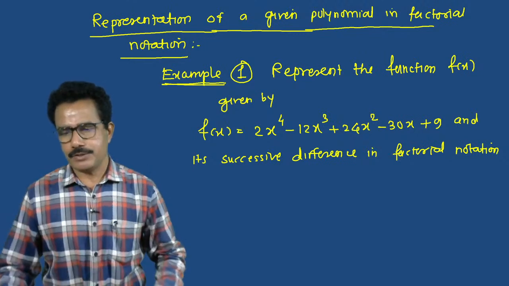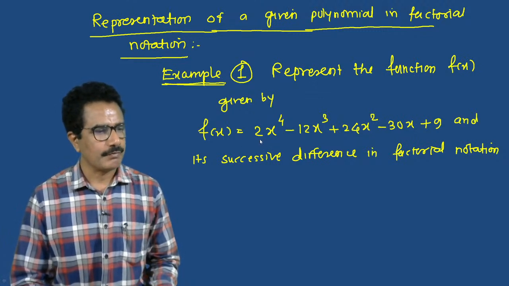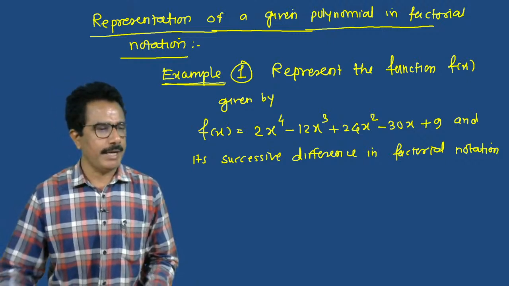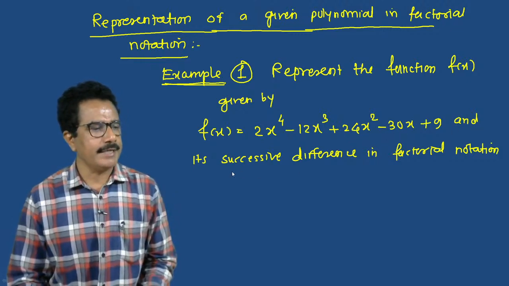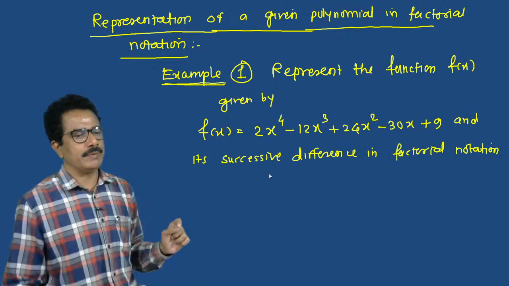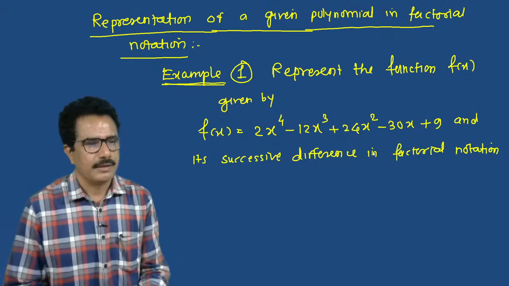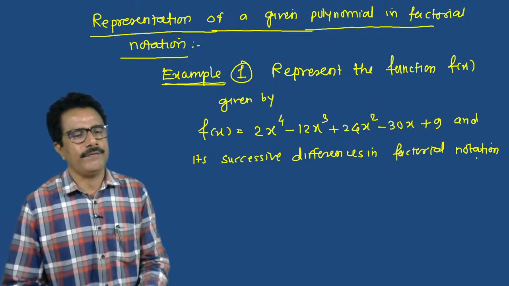We have to solve this example. Represent the function given by f of x equals 2x raised to 4 minus 12x cube plus 24x square minus 30x plus 9, and its successive differences, in the factorial notation.